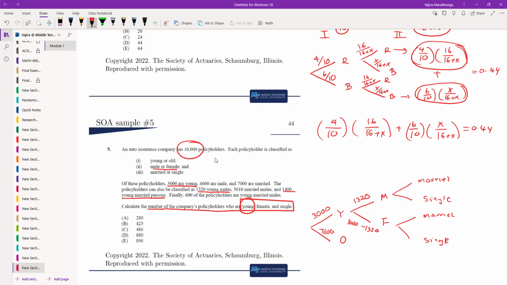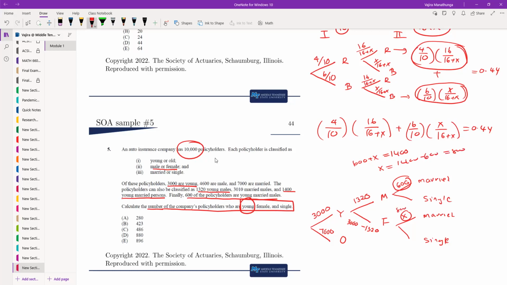It also says 600 of the policyholders are young married males. So 600 here for young married males. If I want to know the young married females, that is X, where 600 plus X is 1,400. That gives me X, which is 1,400 minus 600, which is 800.